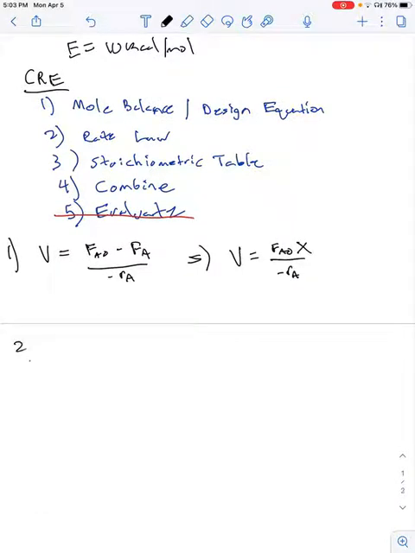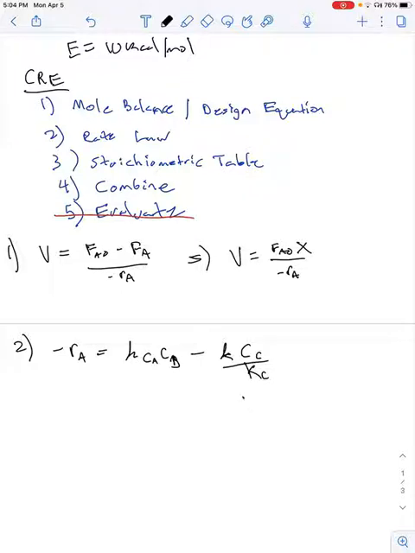So step 2 would be the rate law. For an elementary reaction, we say negative rA equals k CA CB minus kr CC.